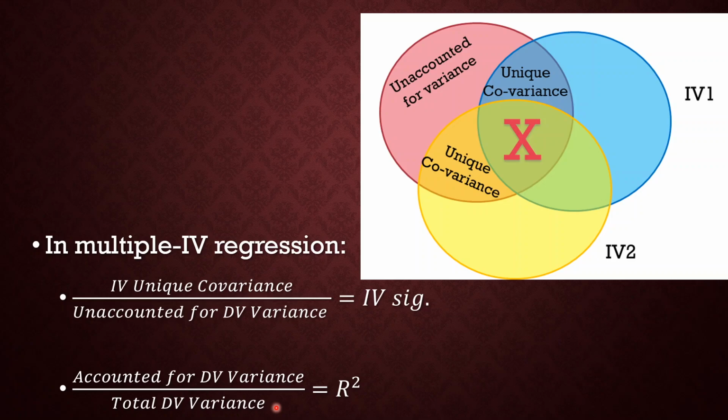Now here's the example that people seem to like. You can imagine that the variance we're working with here is much like asking the question, how much food did people eat at my party?